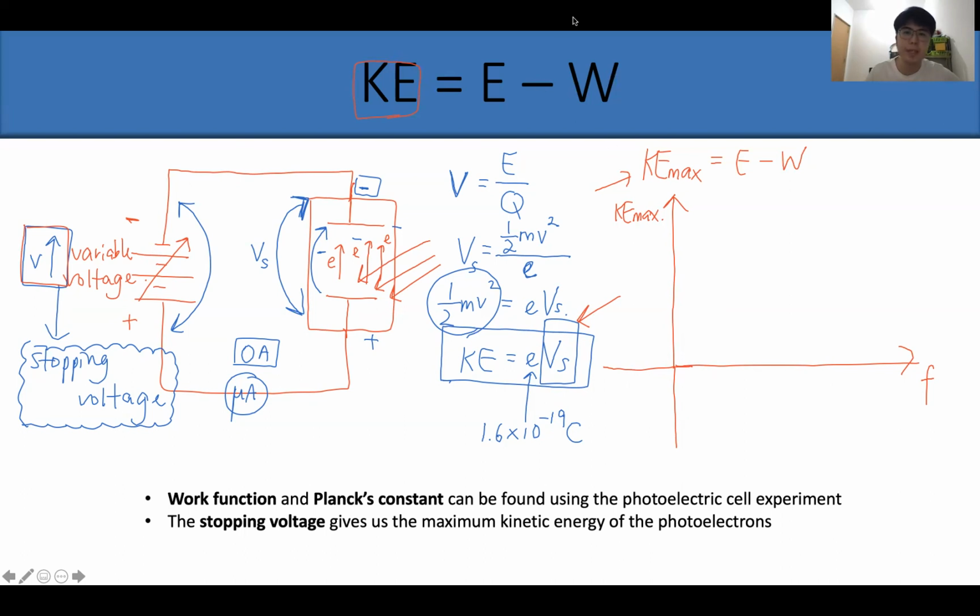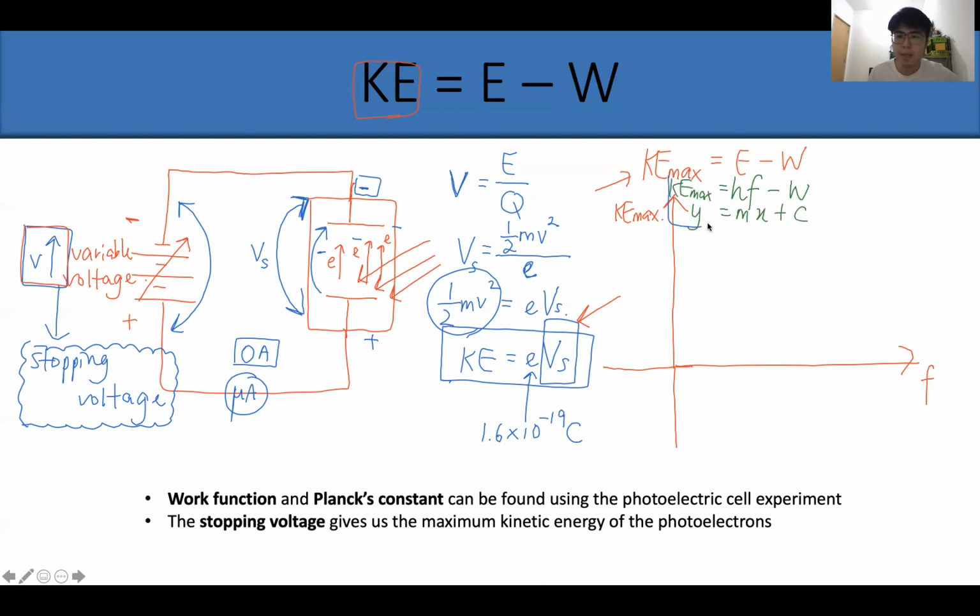You can also predict the shape of the graph already, because Ke max equals what? E minus W, right? So E is hf, so Ke max equals hf minus W. Then you use your y equals mx plus c.